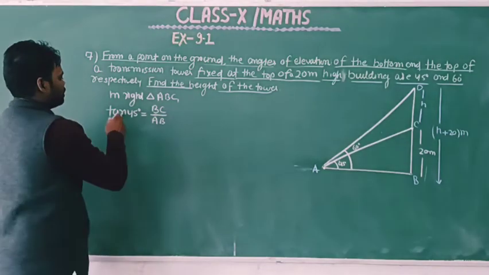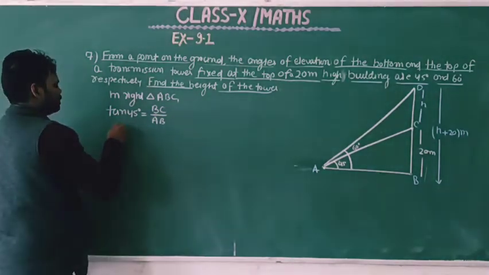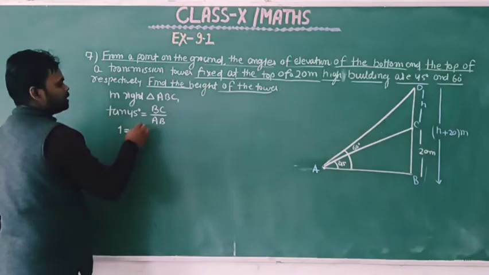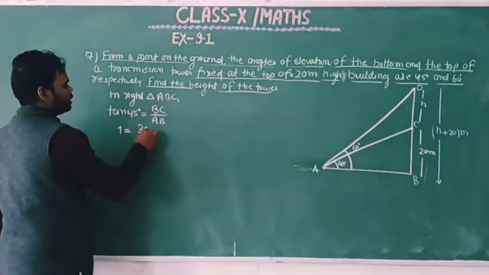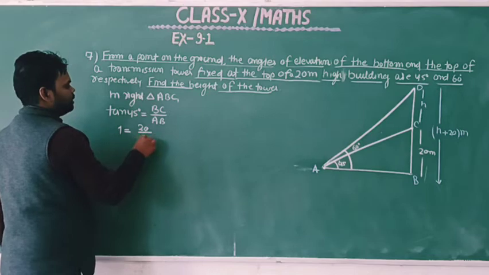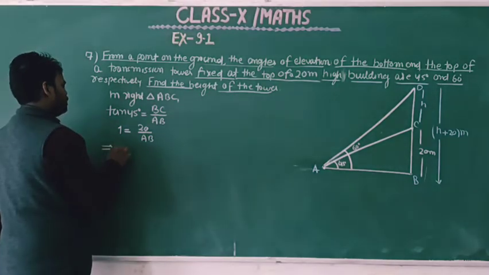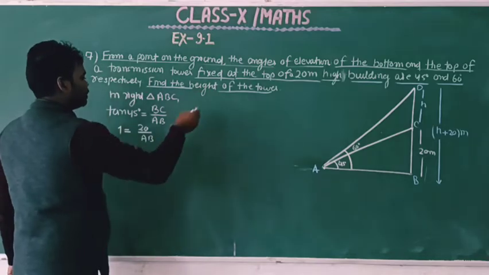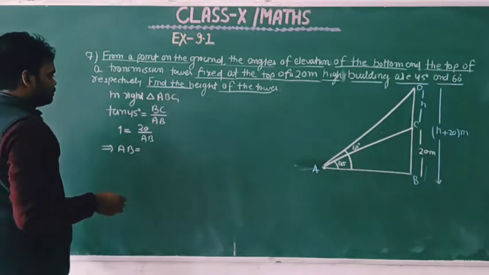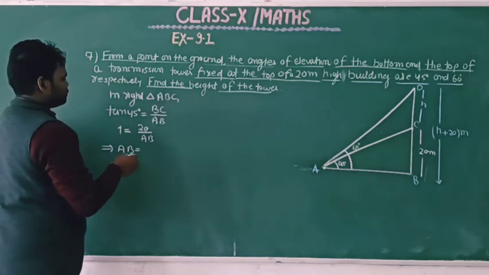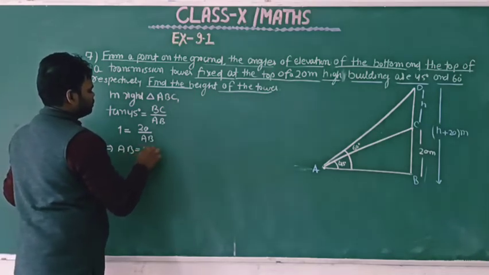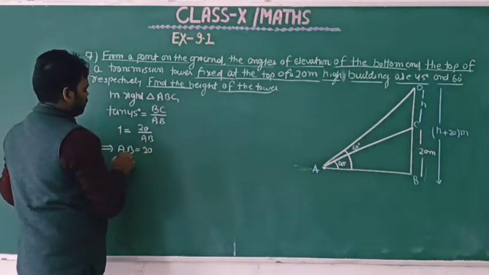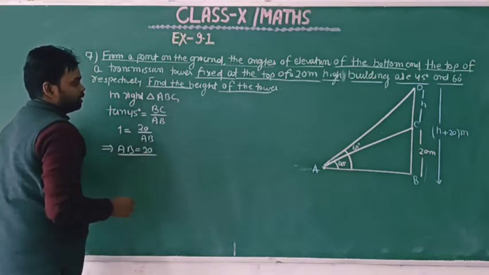We know tan 45 is 1 and BC is 20, so AB equal to 20. The value of AB is 20.